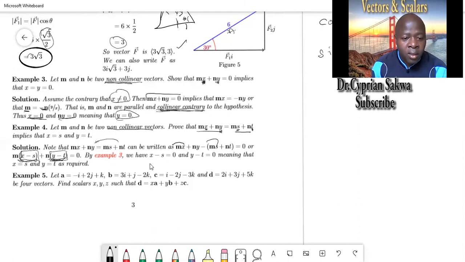That's what I wrote: x minus s equals 0 and y minus t equals 0. So if this is true, I can take negative s to the other side of the equal sign to mean x equals s. And I can also take t to the other side to mean y equals t. And we will have shown what we were supposed to show.